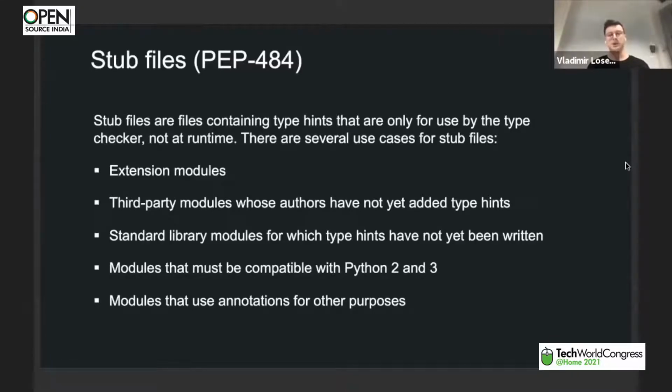But if they used annotations in these modules, this would not be syntactically correct Python 2 code. So they needed an approach to still benefit from type hinting, but not break the compatibility with Python 2. And here, stub files come into play.